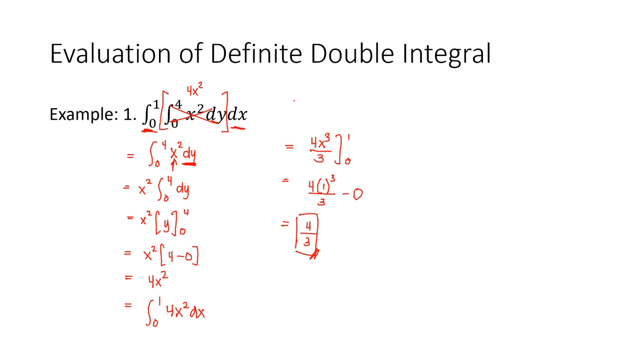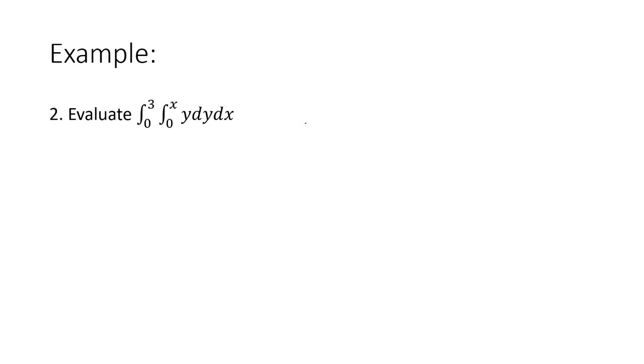Okay, next one we have, evaluate the integral from 0 to 3, 0 to x, of y dy dx. Again, the process is to integrate the inner first. So we have from 0 to x, y dy.